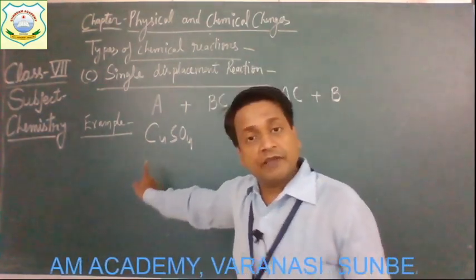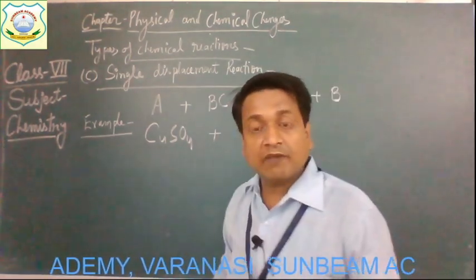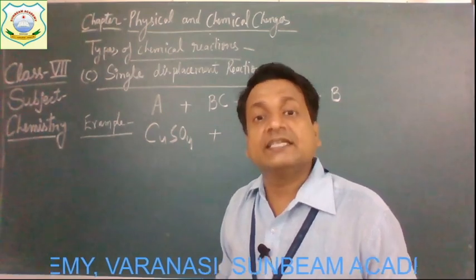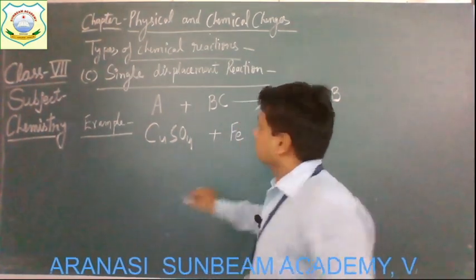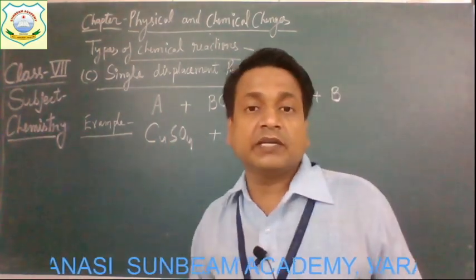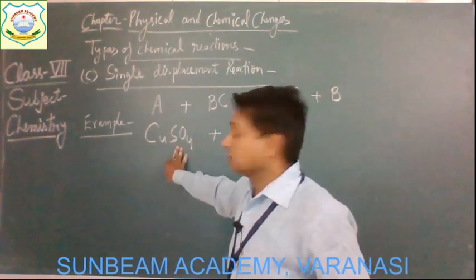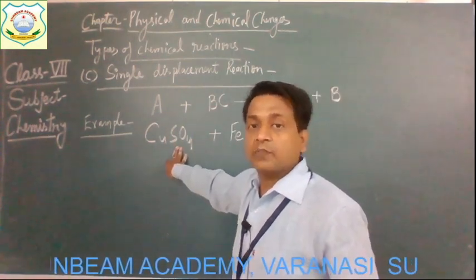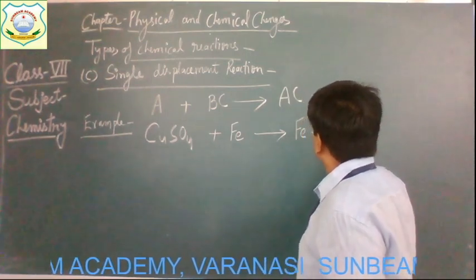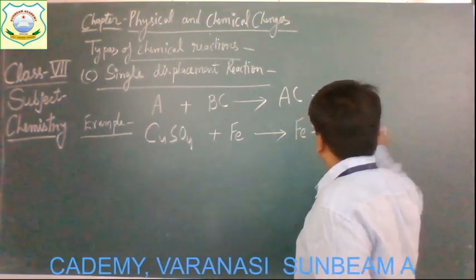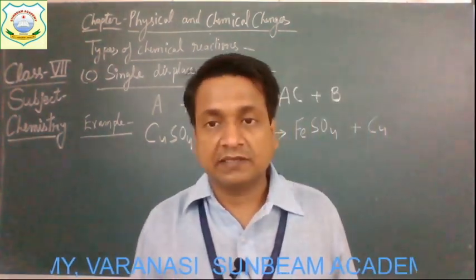And when this is going to react with iron, what is the symbol of iron children? Yes, it is Fe. So the single displacement reaction will take place and this iron will displace the copper and form iron sulfate, and copper gets displaced.